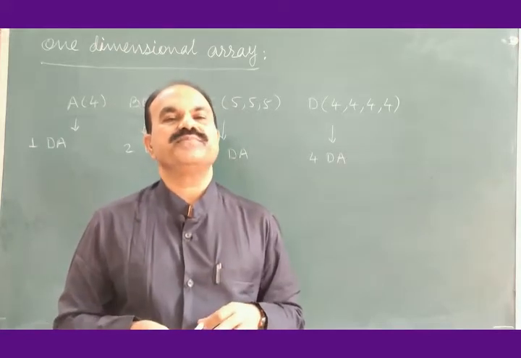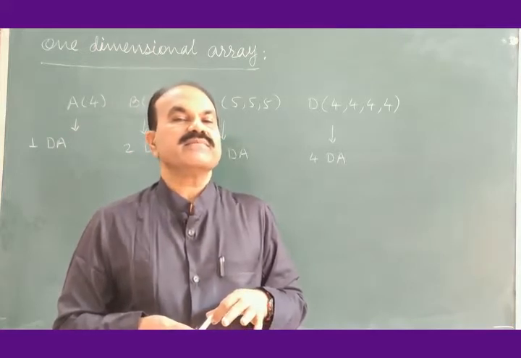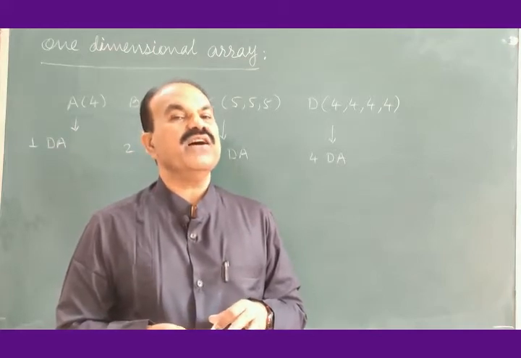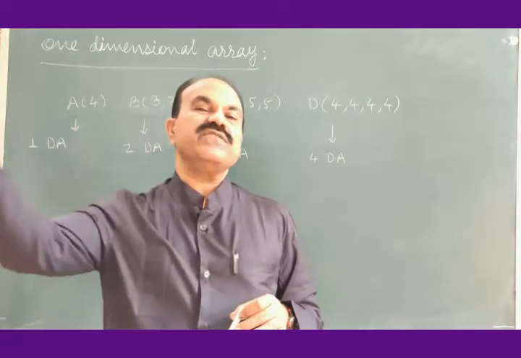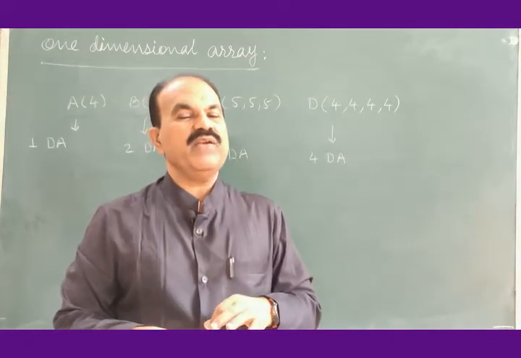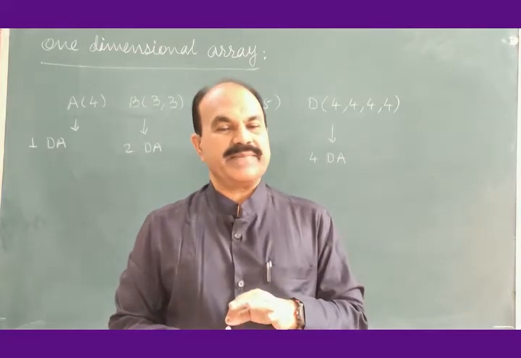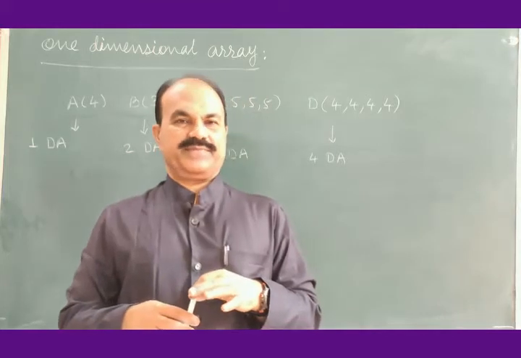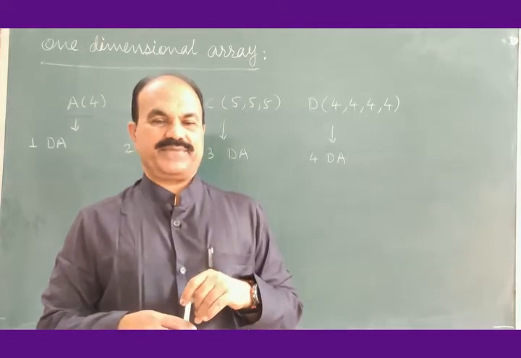Third rule: there may be one or more subscripts in a subscripted variable depending on the type of the subscripted variable. If it is one dimensional, it will have only one subscript.